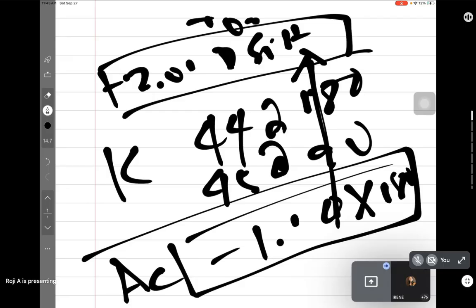So where is this minus 1, the external? What do you think happened to it? What do you think happened to the external astigmatism?